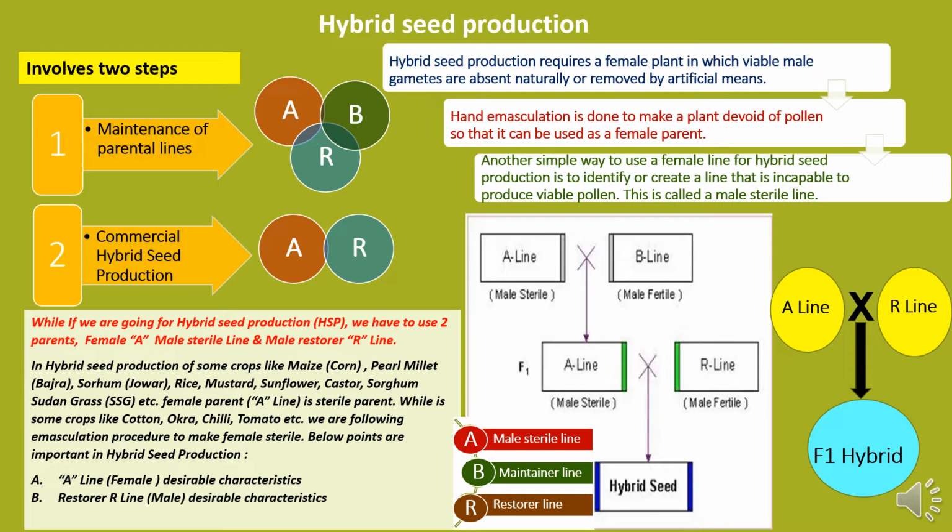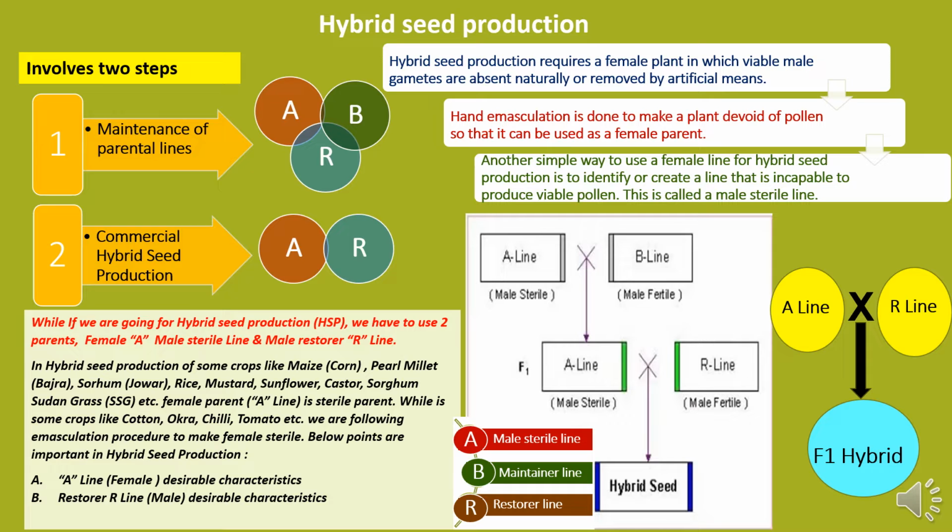Another simple way to use a female line for hybrid seed production is to identify or create a line that is incapable of providing viable pollen. So male sterility is developed and these lines are used as male sterile lines.